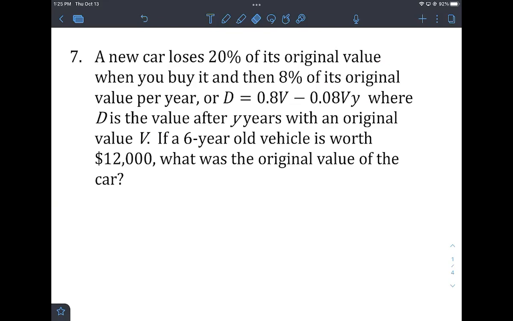Let's talk about what these variables mean. D is the value. So D stands for depreciation. Not sure why I was struggling with that. Depreciated, which means the value decreases, right? Versus appreciation, which is actually increases.